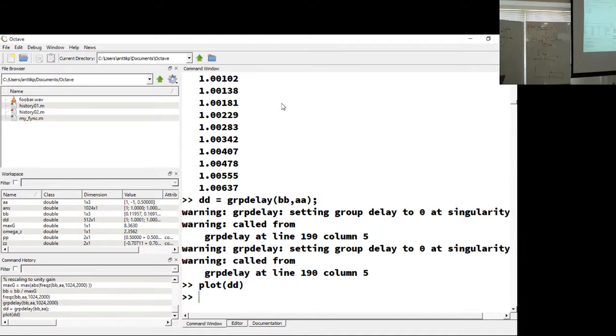Good. That was group delay, big picture. Just need to calculate it like that. Good.